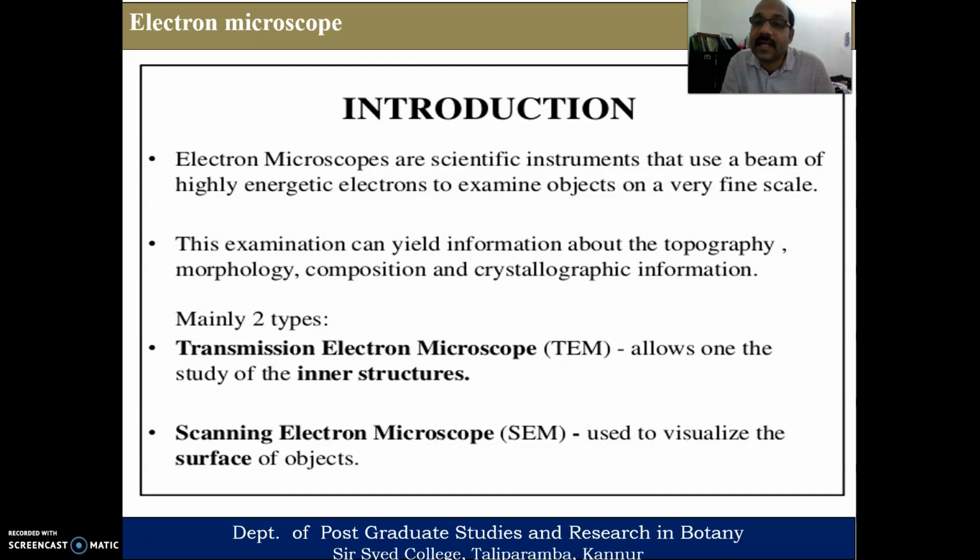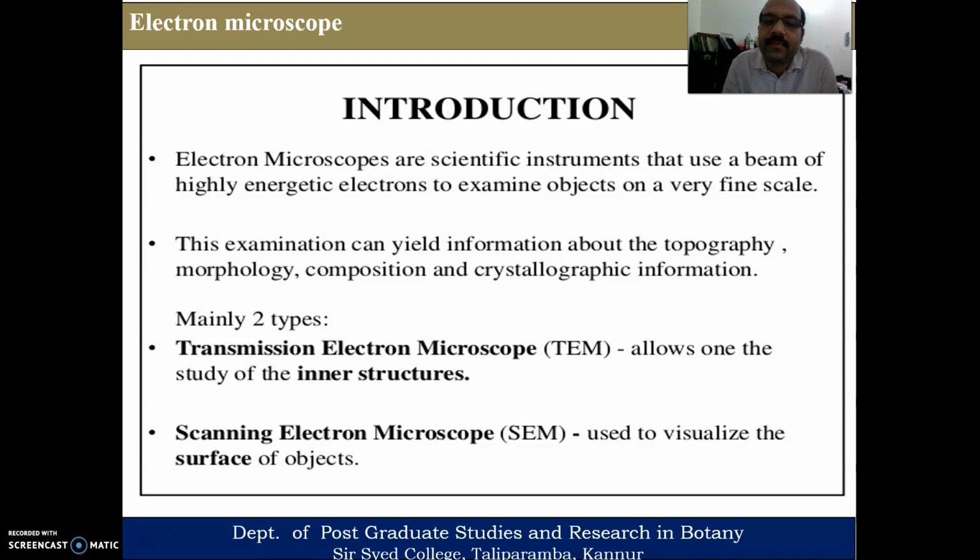Electron microscopes are scientific instruments that use a beam of high energetic electrons to examine objects on a very fine scale. This examination can yield information about the topography, morphology, composition and crystallographic information.